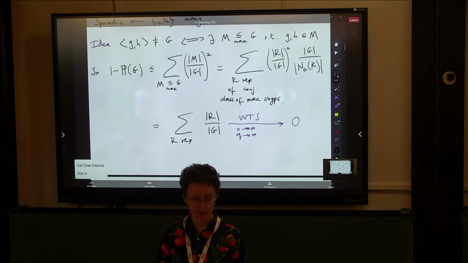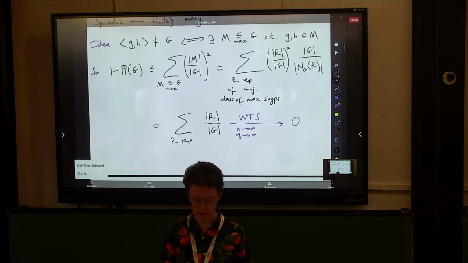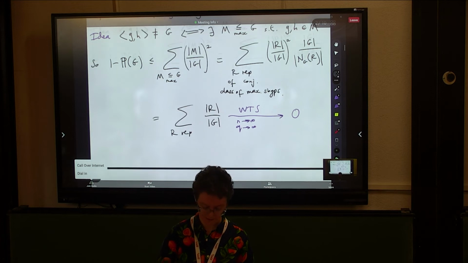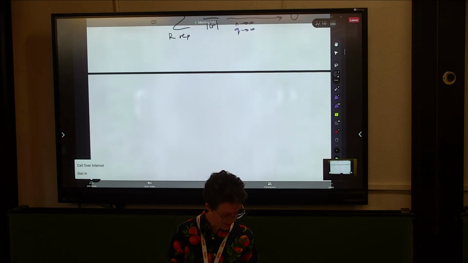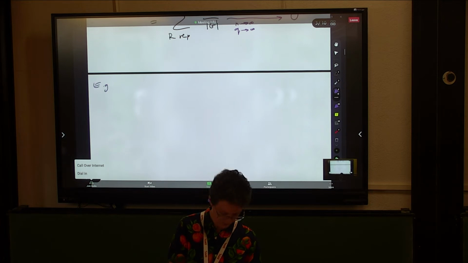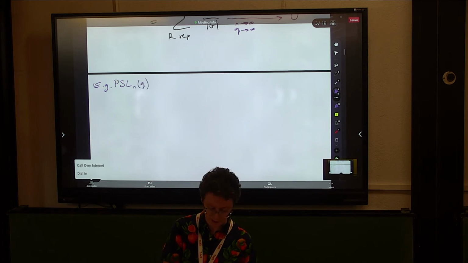Okay, so now let's look at our classification of maximal subgroups. Let's do the example for the special linear case. So this case was actually done by Kantor and Lubotzky in 1990.